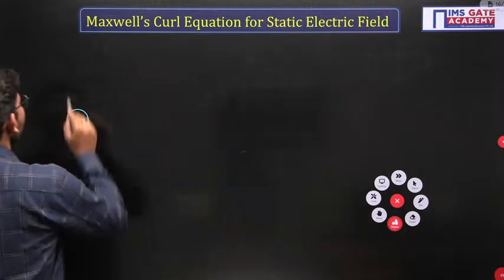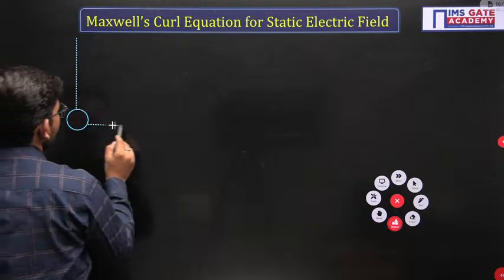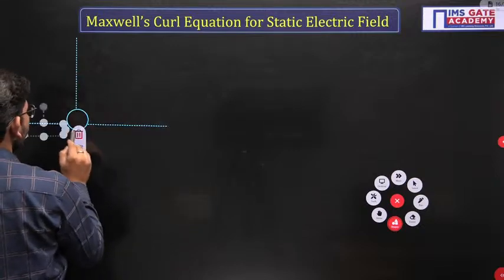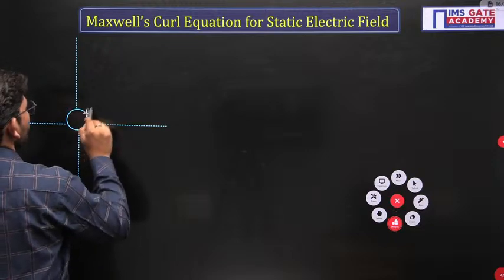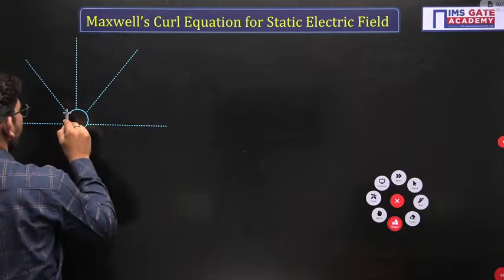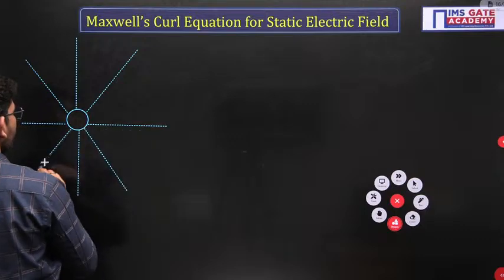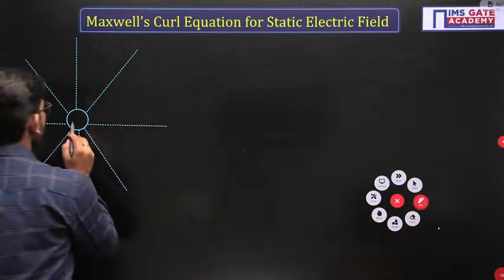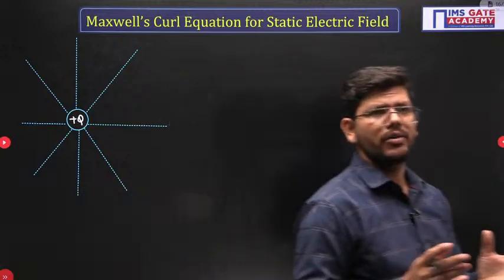It will have electric field all around. So this is the point source which will have electric field all around it.